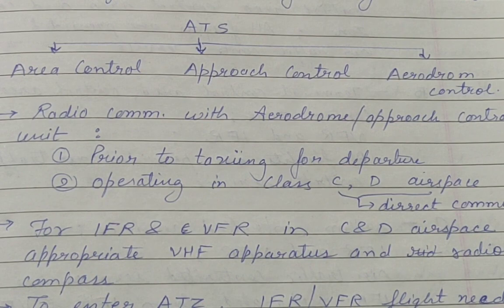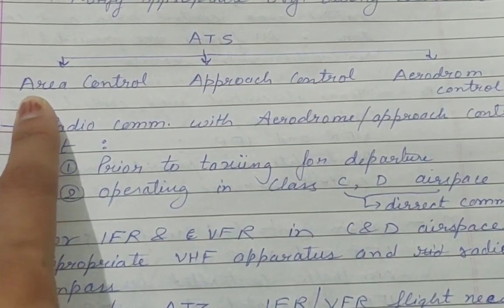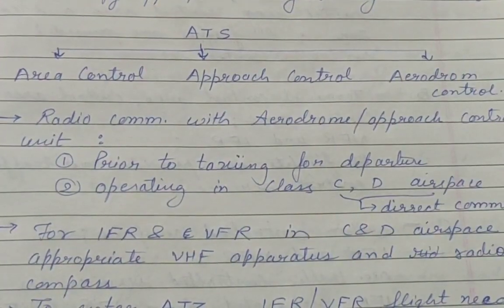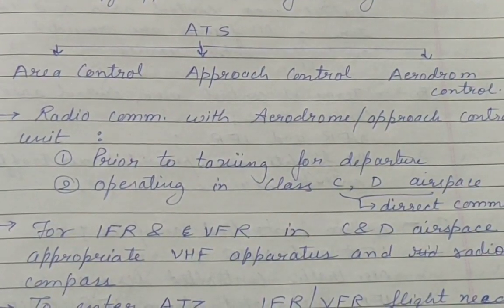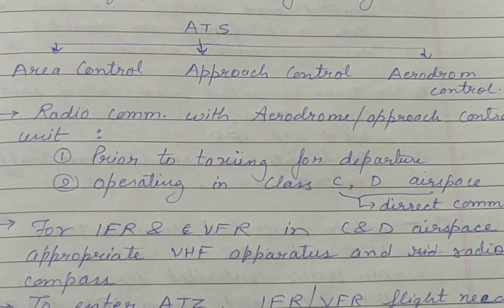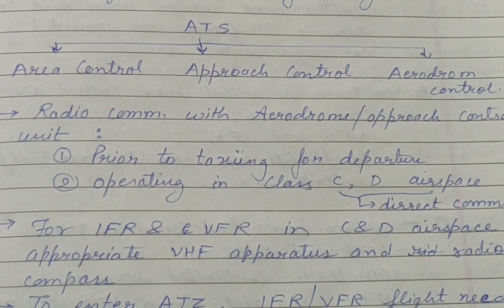Approach control is for landing and takeoff, and area control is the area different from aerodrome and approach control, the one which falls in the ATS route but not immediately in the vicinity of the aerodrome, maybe in the water bodies as well. These area control services play a role in providing information as and when needed by the aircraft.